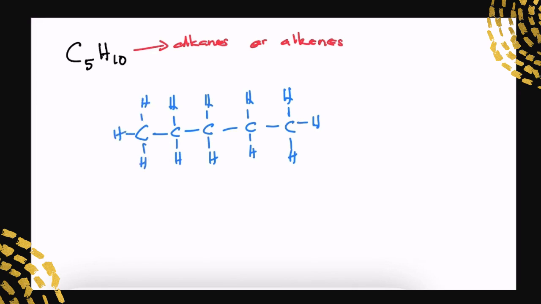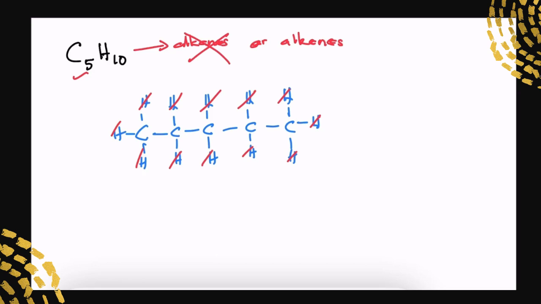We have 5 carbon and hydrogen 1, 2, 3, 4, 5, 6, 7, 8, 9, 10, 11, 12. So carbon is accepted, but the hydrogen is not accepted because we have extra hydrogen. So we cannot propose an alkane for this molecular formula.